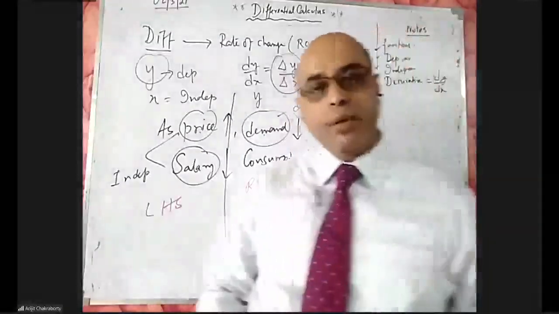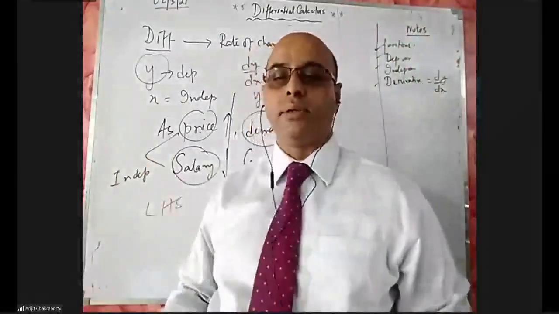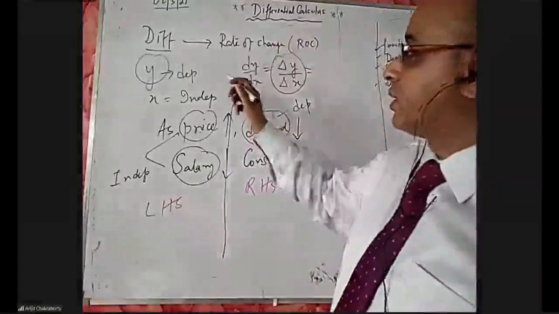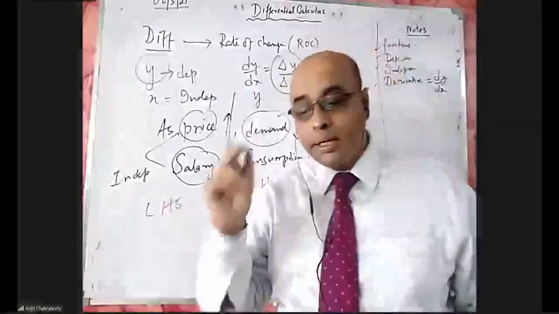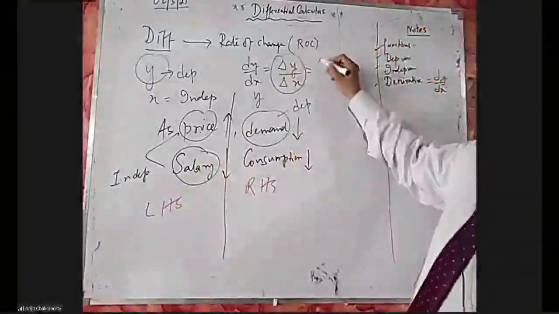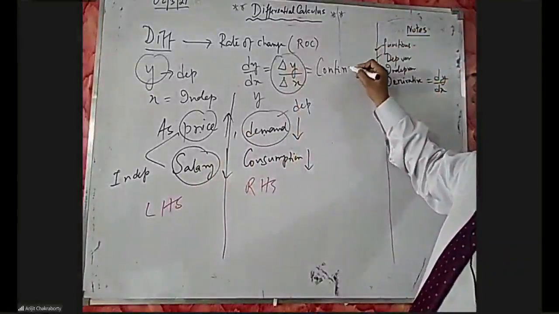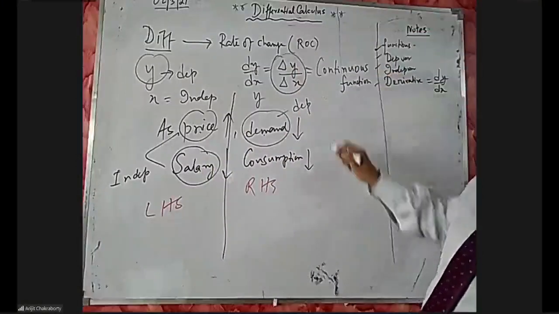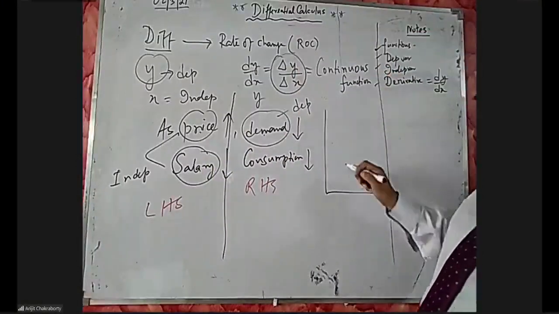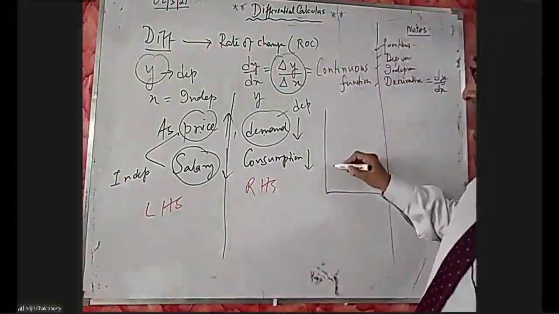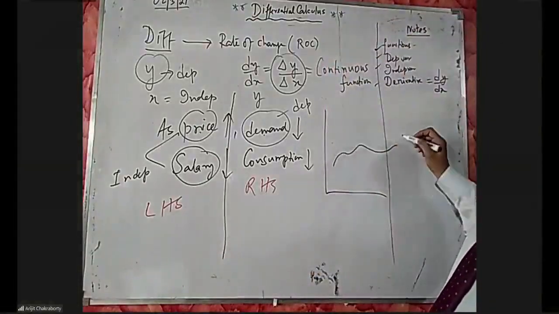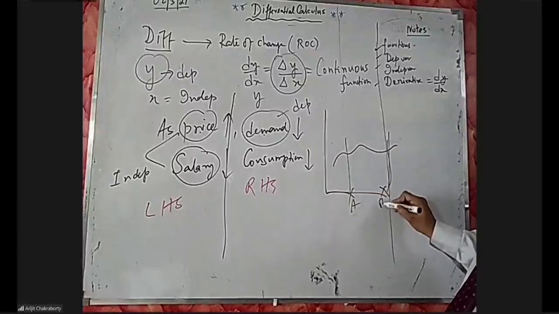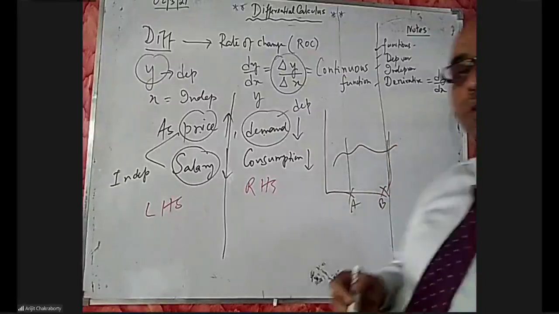But please remember, I'm sure you've discussed in your last session, that we can find the derivative, dy by dx, only in the case of a continuous function. If I want to graphically draw a continuous function, say the graph is like this, it means that between two points A and B, the graph is continuous.